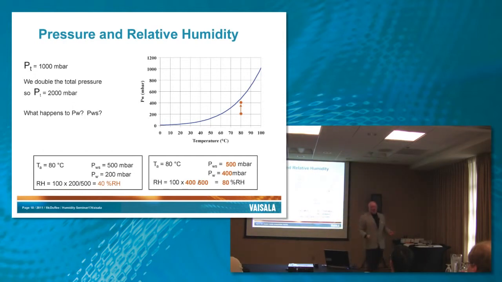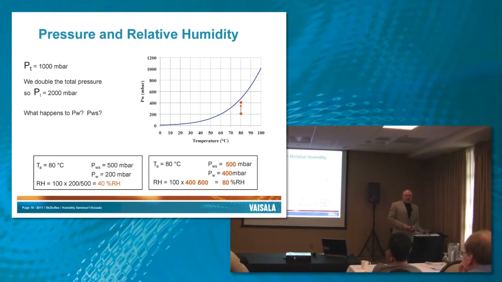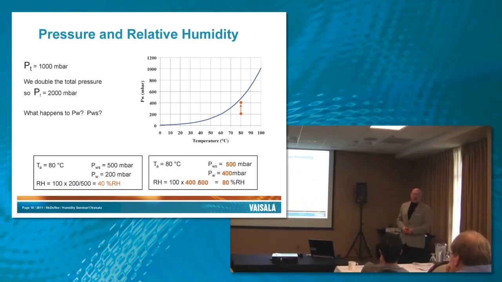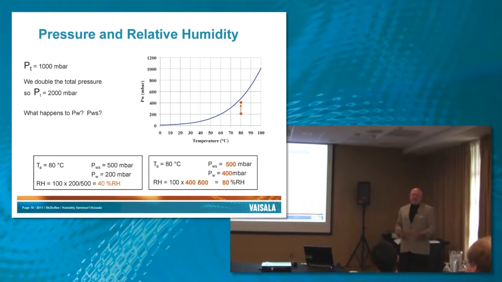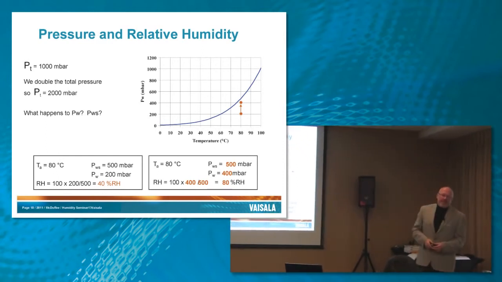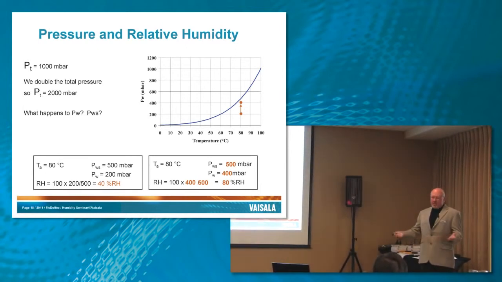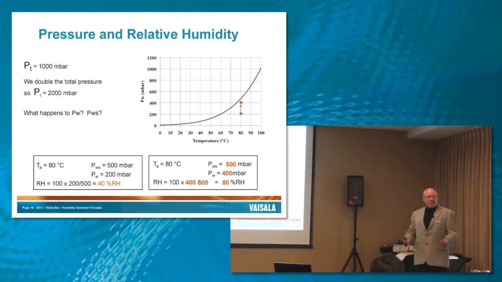This is important in compressed air systems. How many of you deal with compressed air systems? A few? Okay, good. The guys out on the plant floor always want more pressure, right? If they're getting 80 psi and they want 100 psi, they go to the compressor manager and say, I need more pressure.